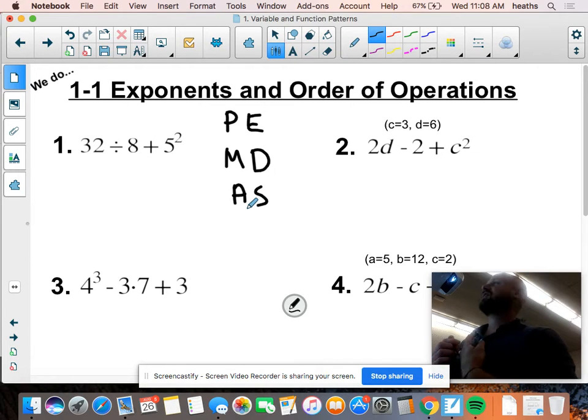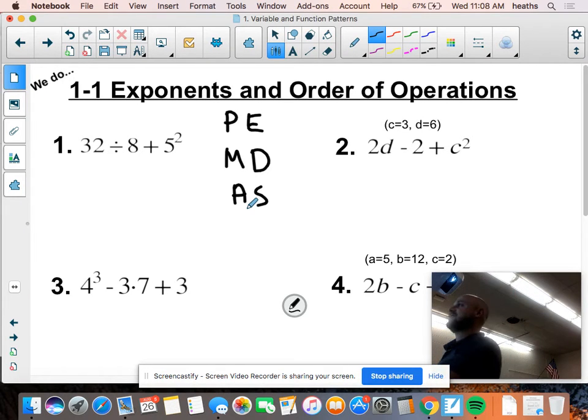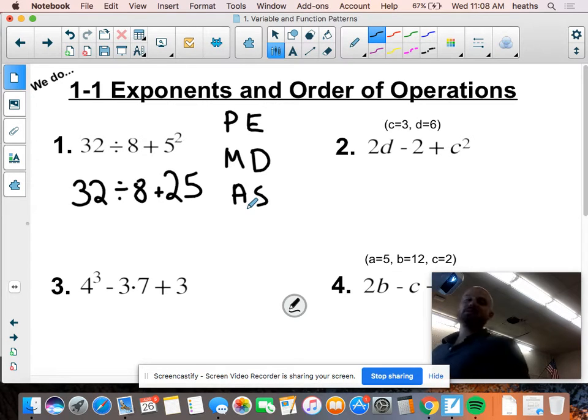So 32 divided by 8 plus 5 squared. If we follow our order of operations, we need to do 5 squared first, which again means 5 times 5, which would be 25. Let's drop the rest of our problem down. 32 divided by 8 plus 25.